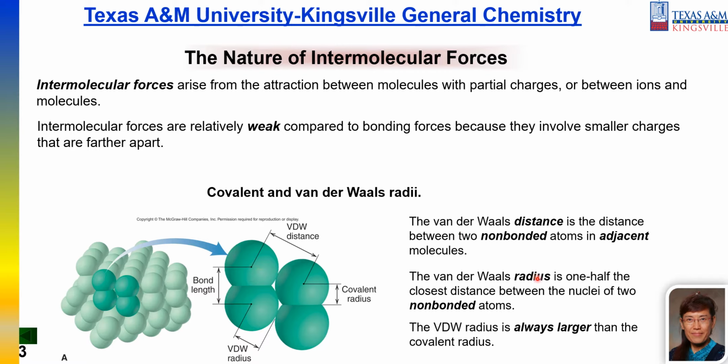The van der Waals radius is approximately half of the van der Waals distance, the closest distance between the nuclei of two non-bonded atoms. The van der Waals radius is normally larger than the covalent radius. The further apart the atoms, the weaker the attraction.